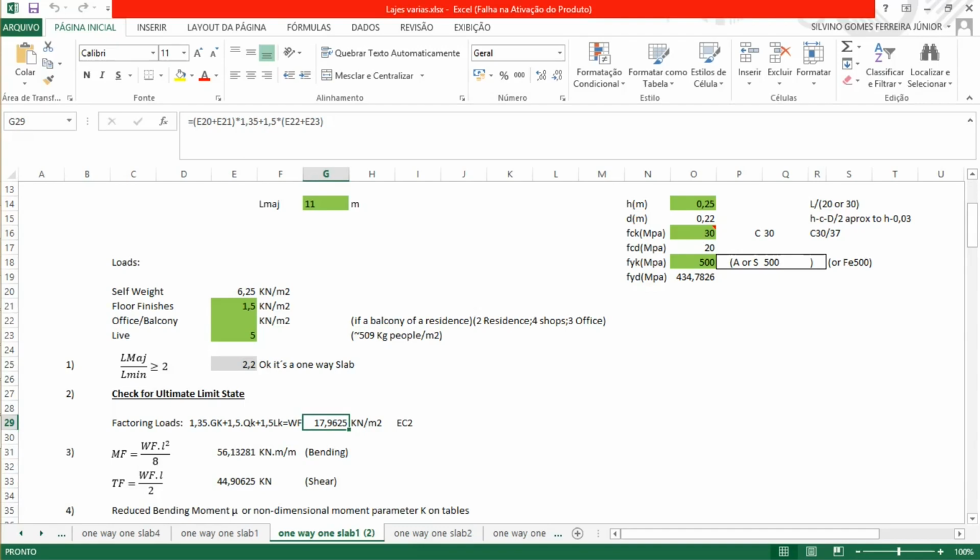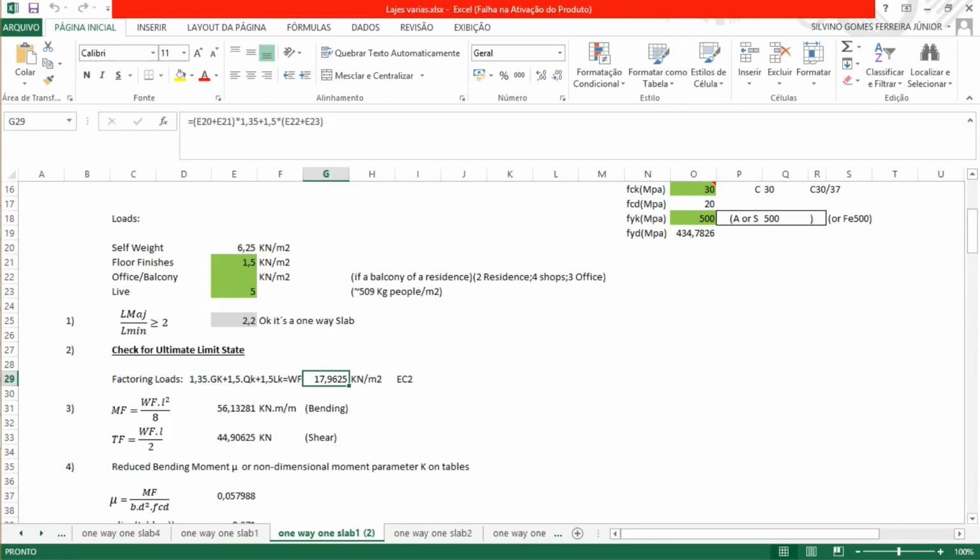And for this ultimate limit state, what we want is the bending. So we need the moment. The moment in a simply supported beam is calculated by this weight factor multiplied by the length, that is the minor span, squared, divided by 8. This will give us 56.13.